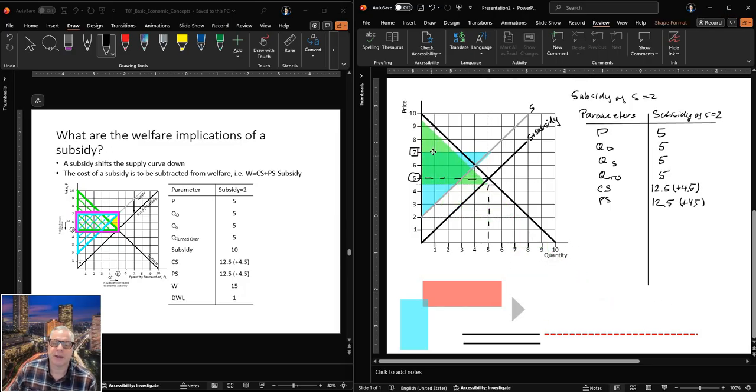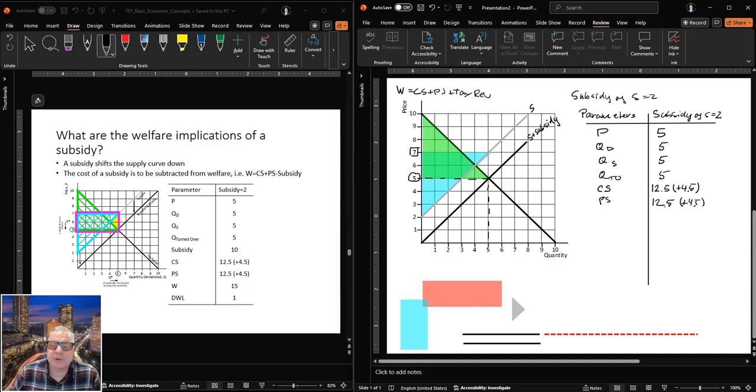So let's put back the... So now we said earlier that total welfare is consumer surplus plus producer surplus plus the tax revenue. But now we need to subtract the subsidy, because the subsidy has to be paid. That's not just redistribution. So that is being taken out of welfare.